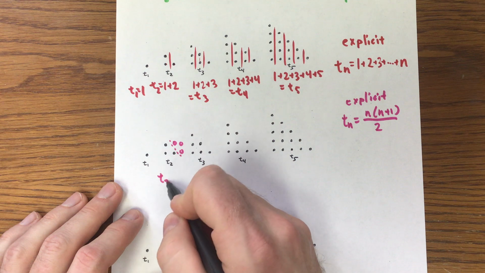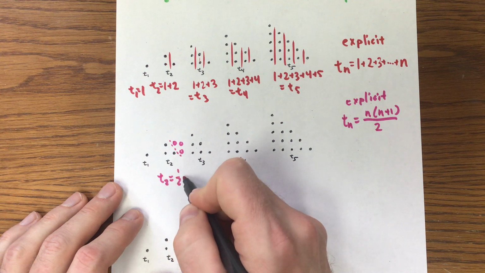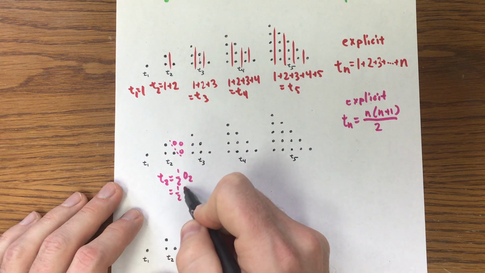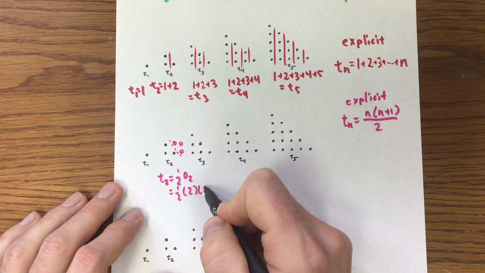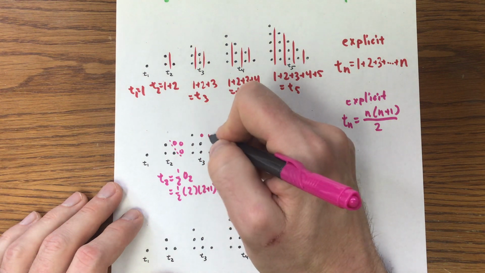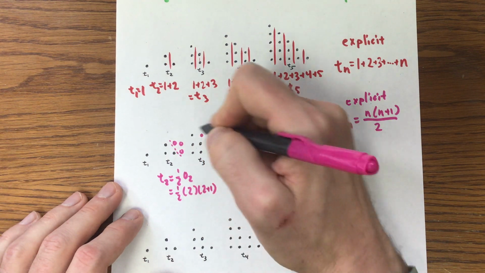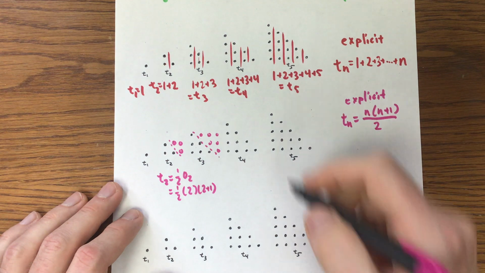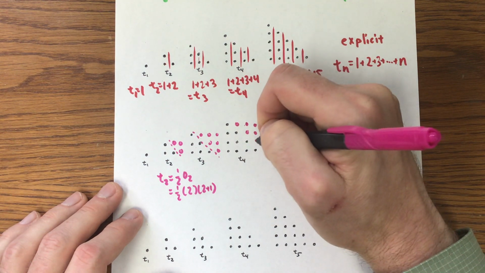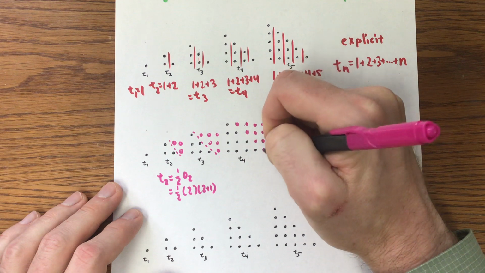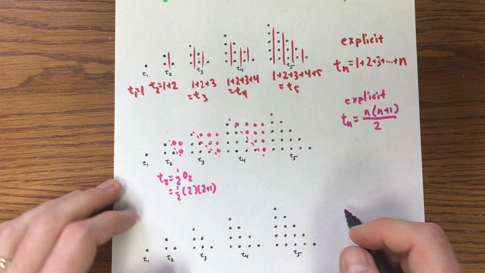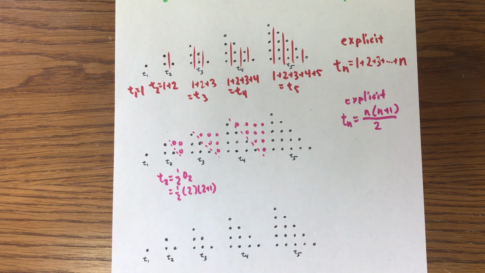And T2 is half of O2, which would be 1/2 of 2 times 2 plus 1. Or T3 is half of the 3rd oblong number. Or T4 is half of the 4th oblong number. So we can see that in these pictures.